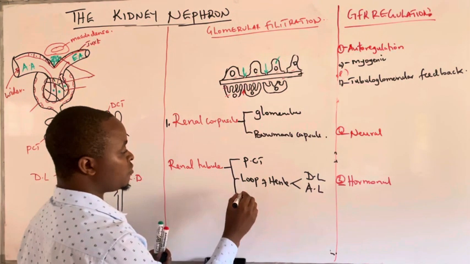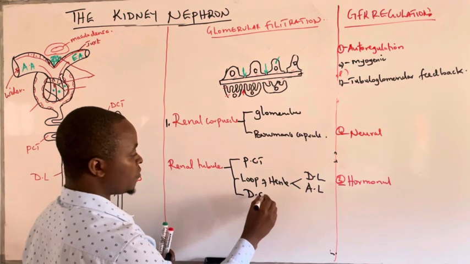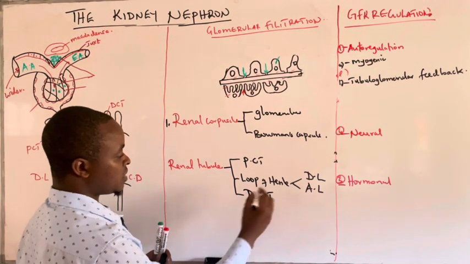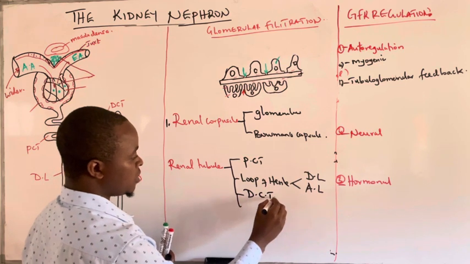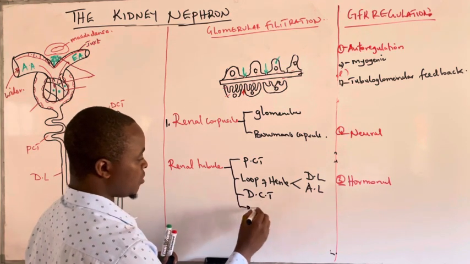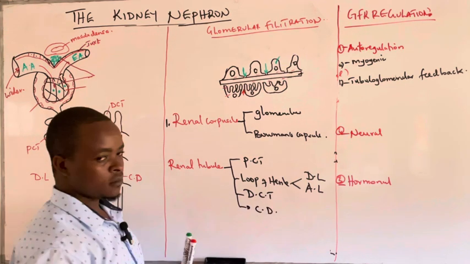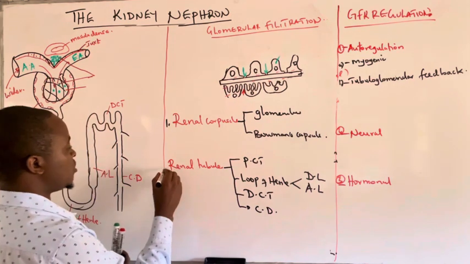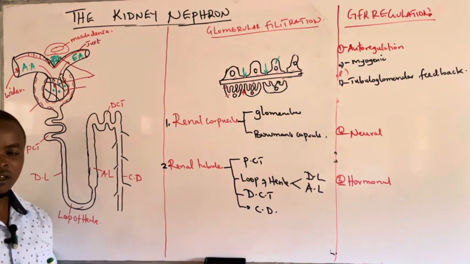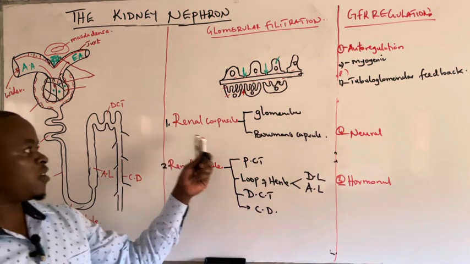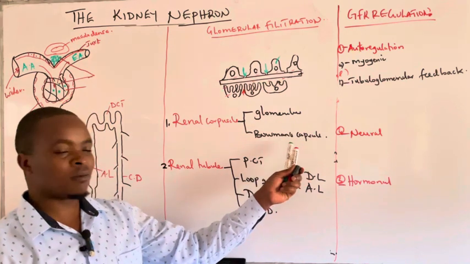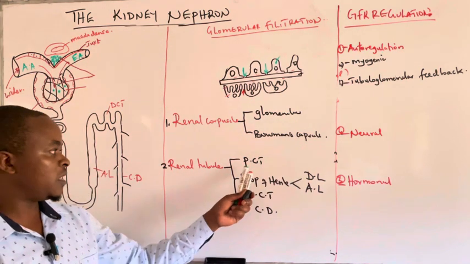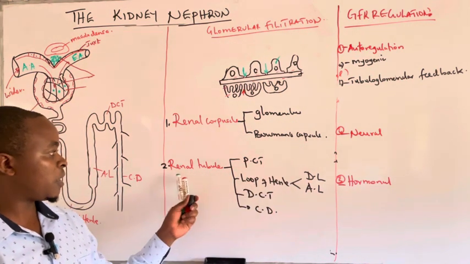Then from there, the filtrate moves into the distal convoluted tubule, and this distal convoluted tubule is the one that drains into the collecting duct. So these are the two divisions of the nephron, whereby we have the renal corpuscle containing the glomerulus and the Bowman's capsule, and then the PCT, that is part of the renal tubule.